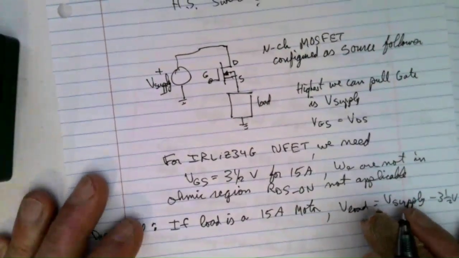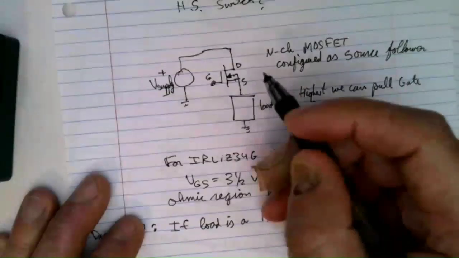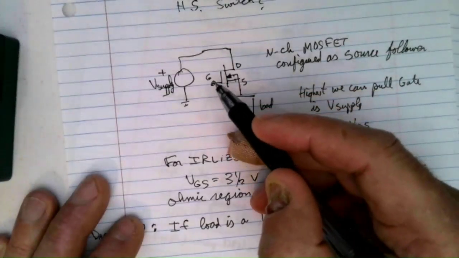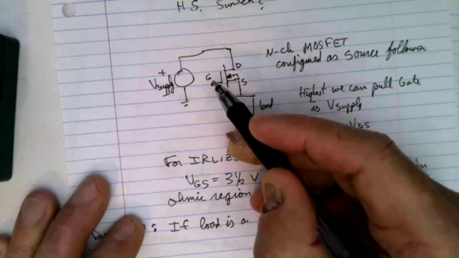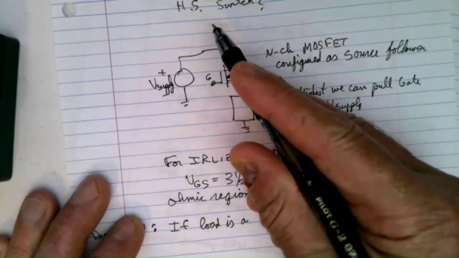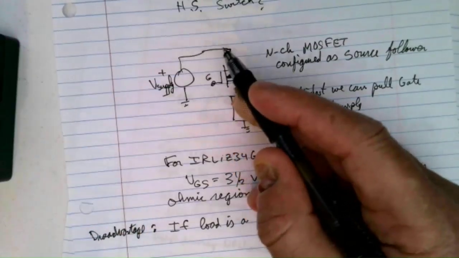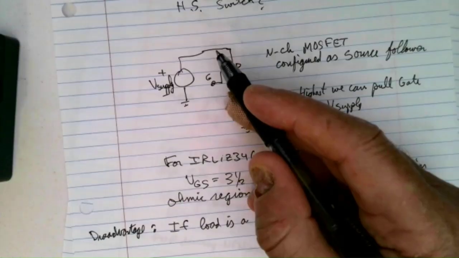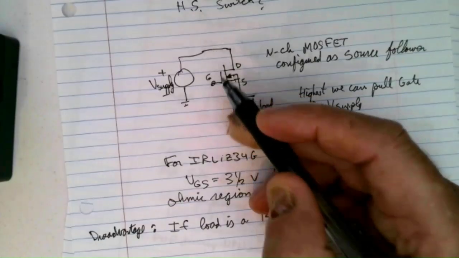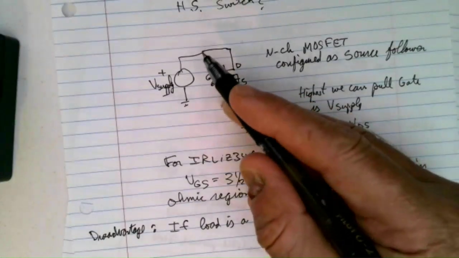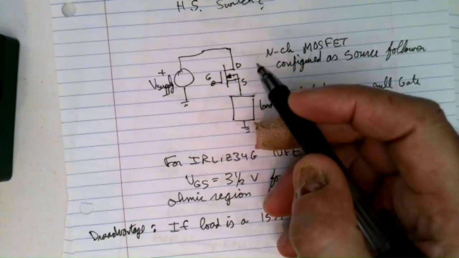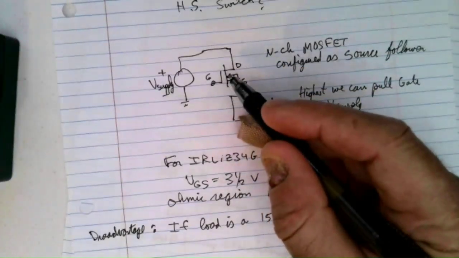Now you can fix that if you have another supply to pull this gate up maybe 5 volts higher than the supply voltage. If you have such a thing, another supply, and pull this gate up higher than V supply, this can work.